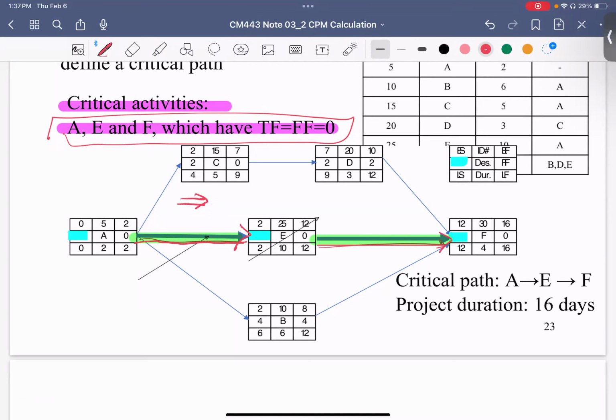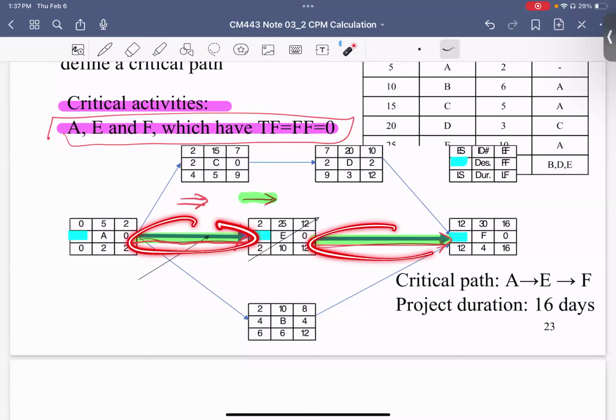This is called double, and this is single. Does that make sense? Use double line arrows to highlight your relation, or you can use the single line with a highlight. You need to identify the critical activities, but you don't need to highlight those. We only need to highlight the relations, using either this one or this one.